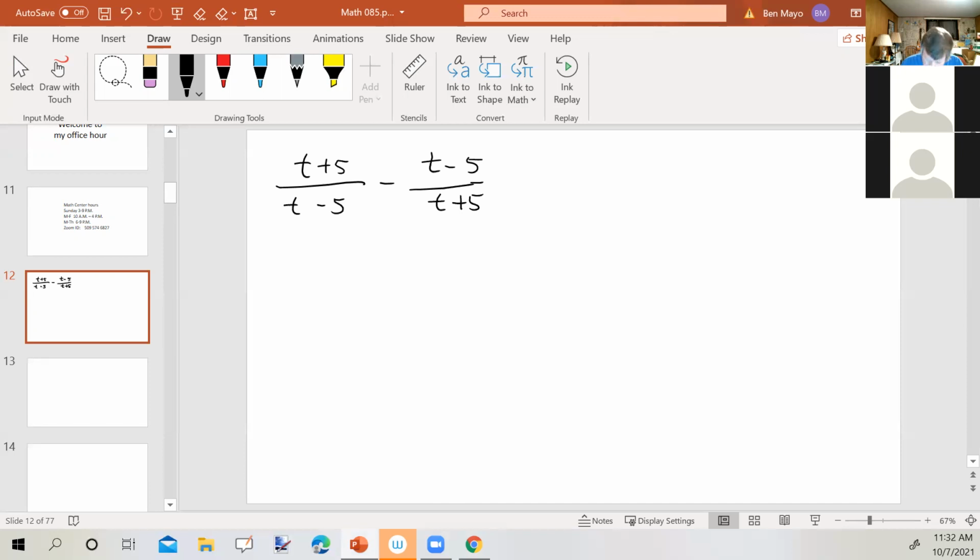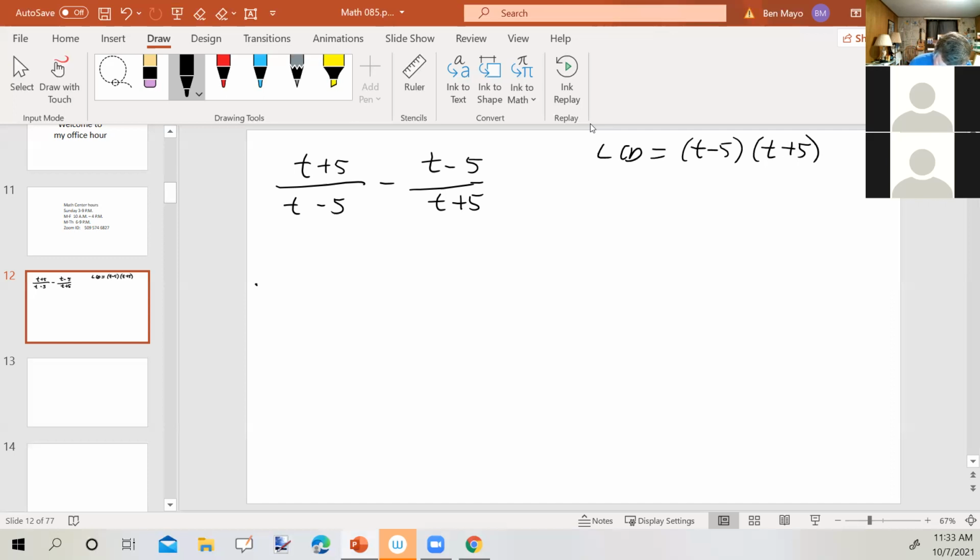So I just wanted you to walk through the problem. You bet. First of all, each denominator is factored as much as it can be. So the least common denominator would be the quantity t minus 5 times the quantity t plus 5. Are you okay with that? Yeah, that's what I got.